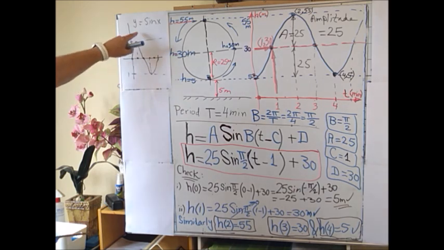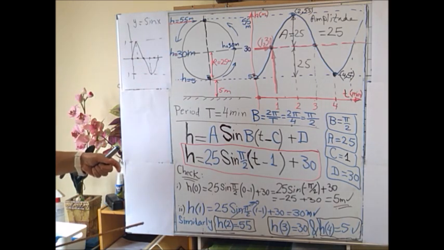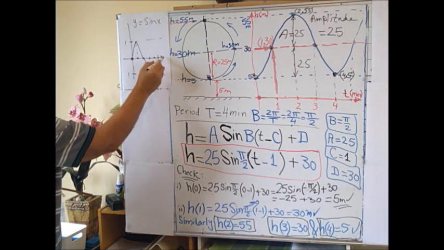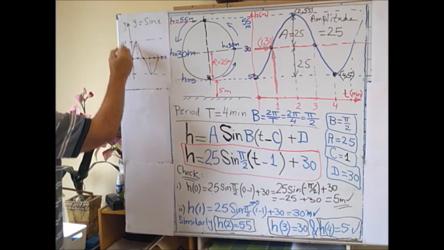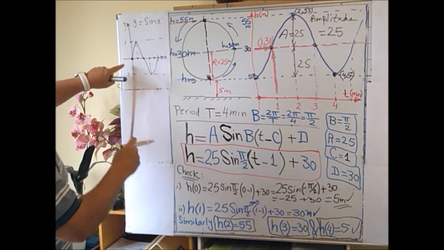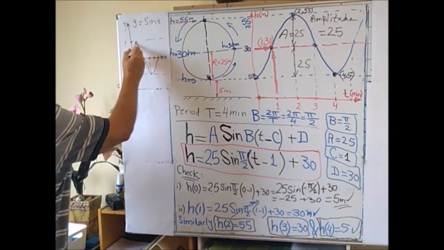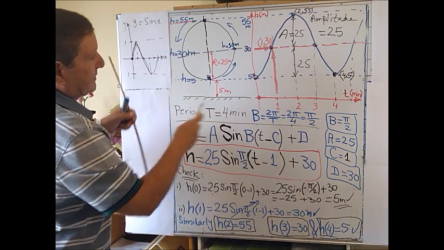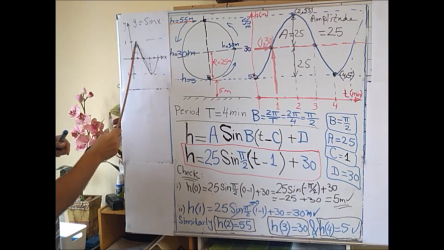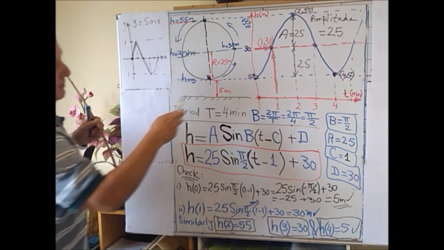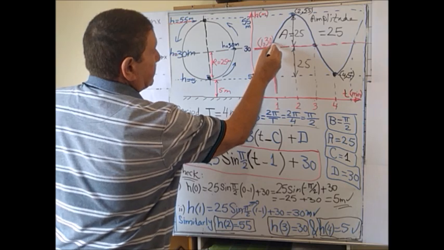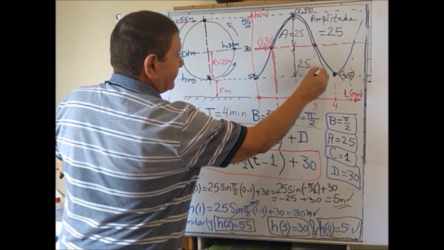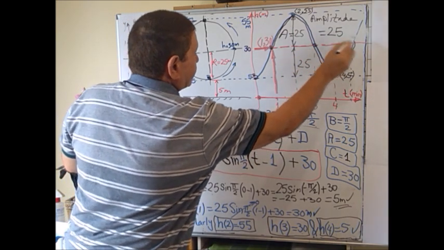As you can see, this is y equals sine x. This is the basic function. It starts at the origin, where this is x and this is y. This is the original shape. But here, instead, if you compare these shapes, it starts at this point, as if it has shifted to the right. See this?